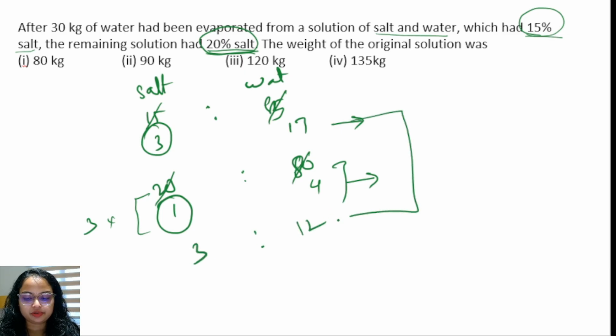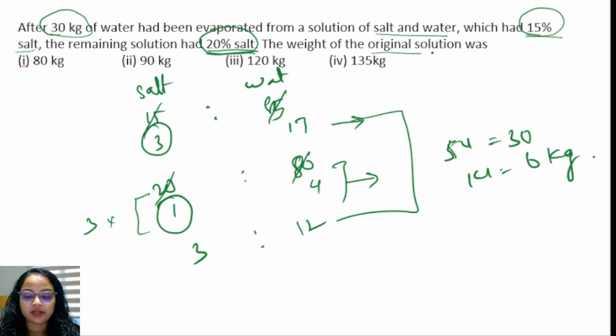Okay, so the difference is in water because this 30 kgs of water had been evaporated. So here 5 units have been decreased in the later ratio. So 5 units is equal to 30 kgs. So 1 unit is equal to 30 by 5, it is 6 kgs. The weight of the original solution was what? So this is the original ratio, right?